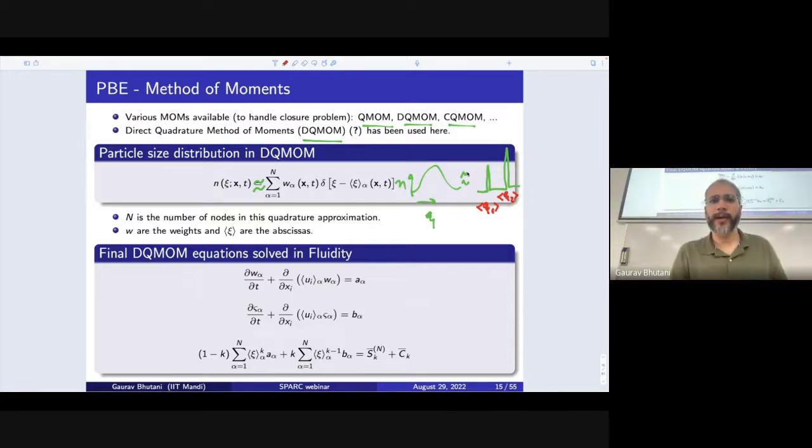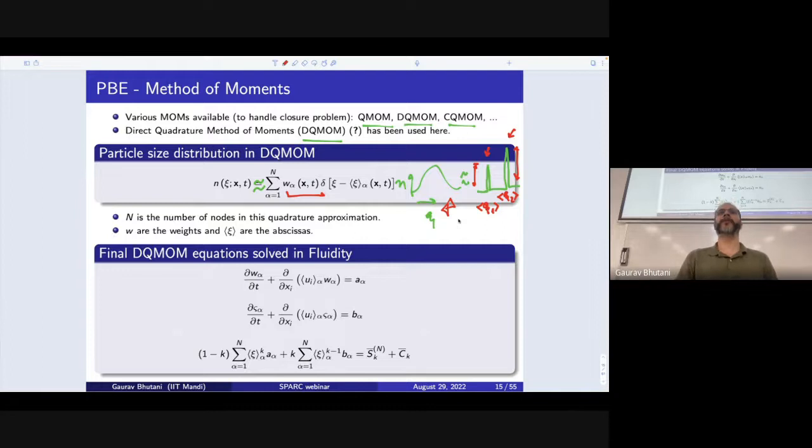Now this is a very bad representation because a Dirac delta function goes to infinity. And what you're doing is you are saying that some weight of, so I'm representing this weight as a height here, but of course it's a wrong way to represent because it's a Dirac delta function. But what we say is some amount of xi1 and some amount of xi2 will give us an approximation to an overall continuous number density function.